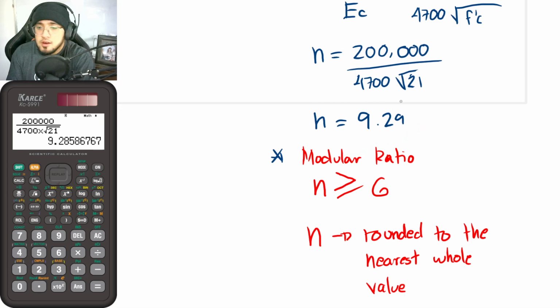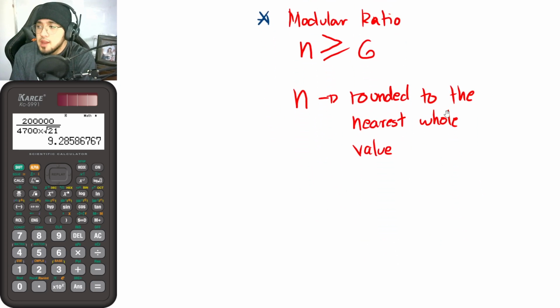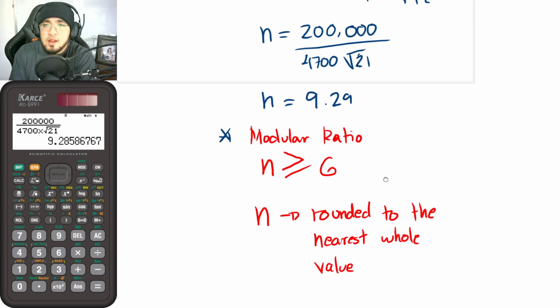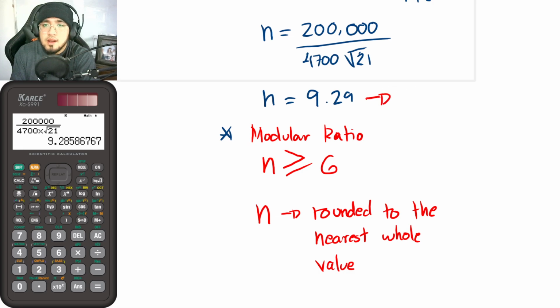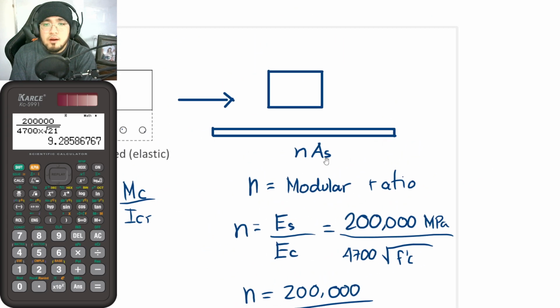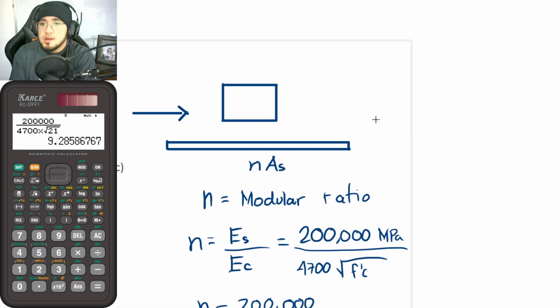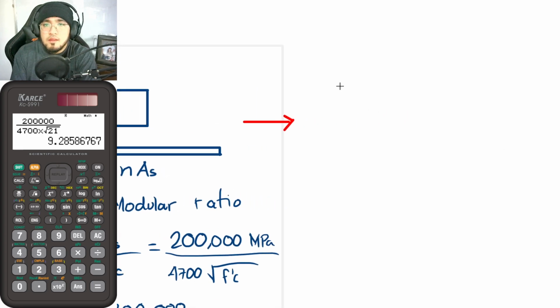Yes, that might be true, but according to the code provision, we must round to the nearest whole value. So the nearest whole value here is 9, meaning that our value for n is now equal to 9. Going back here, if I am to continue, once again, this is now our cracked section.